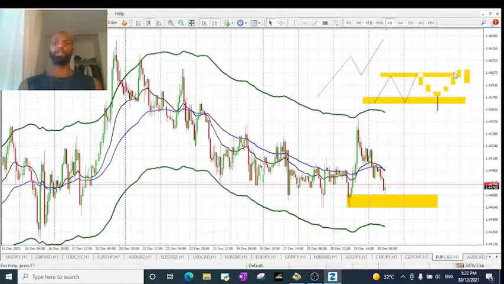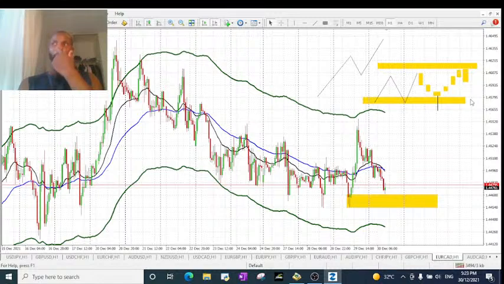So this is essentially what I'm hunting. Came down, massive rejection, we are taking buys. We move up, hit a zone, get a strong bearish close like this, we are taking sales down to the bottom of the zone.